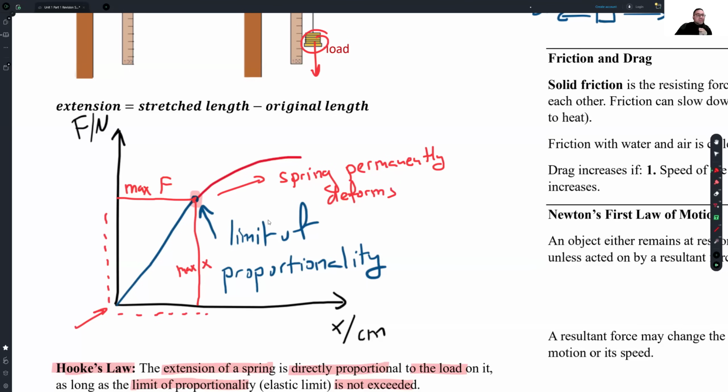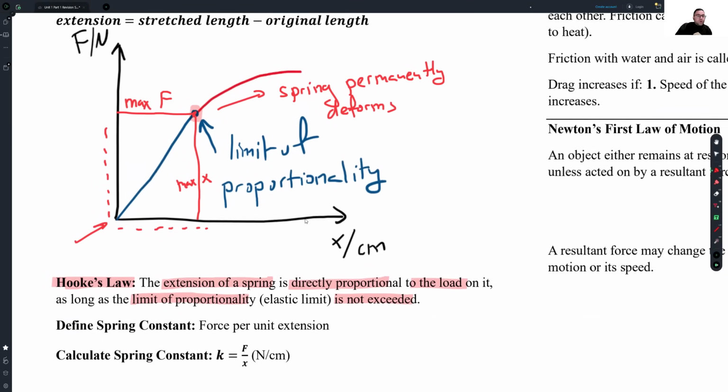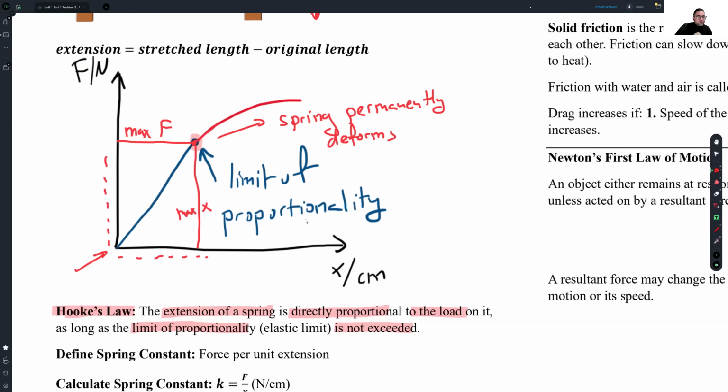Forever. It does not go back to its original length. We always draw it curving towards the extension. So if this was an extension force graph, it would be a straight line until the limit, but then it would curve up. It always curves where the extension is.